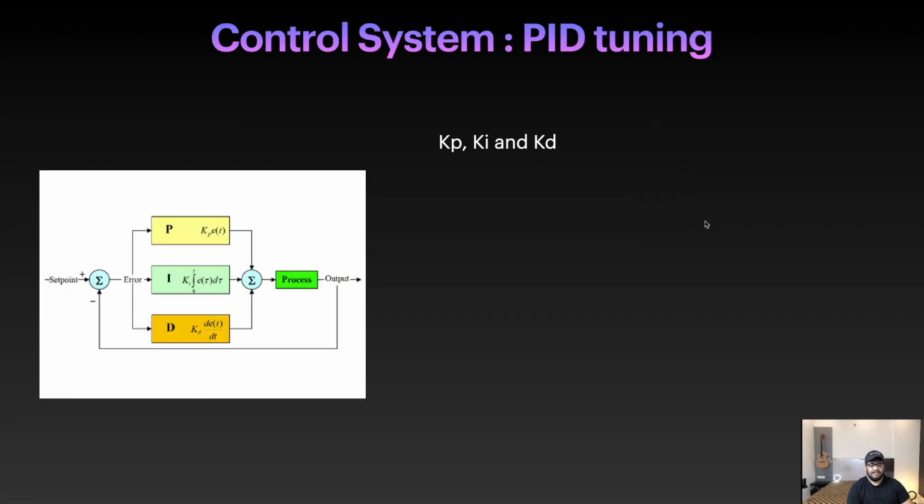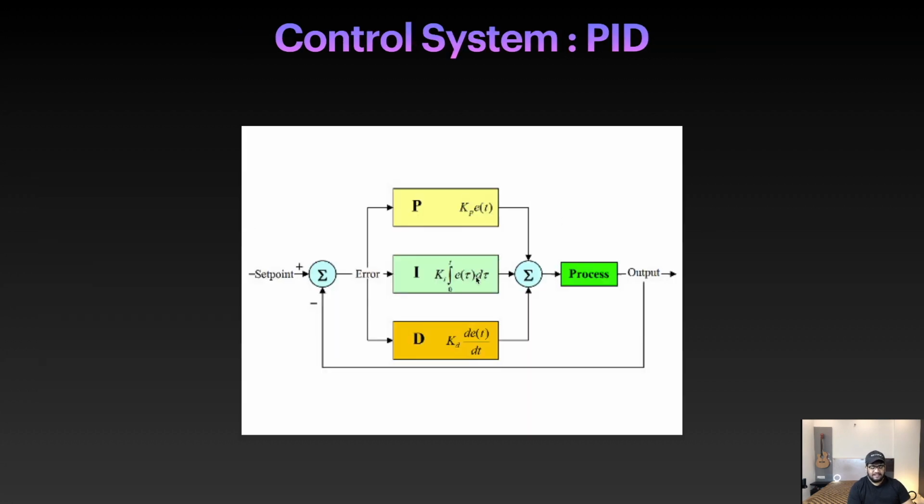That is the entire concept behind PID tuning. What is PID tuning? Finding this Kp, Ki and Kd for your system is called PID tuning. Finding these gains. And one more thing I would like to mention here is that this PID is different for each axis.